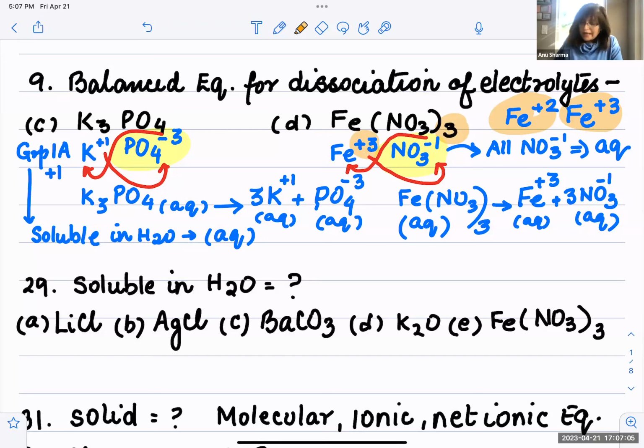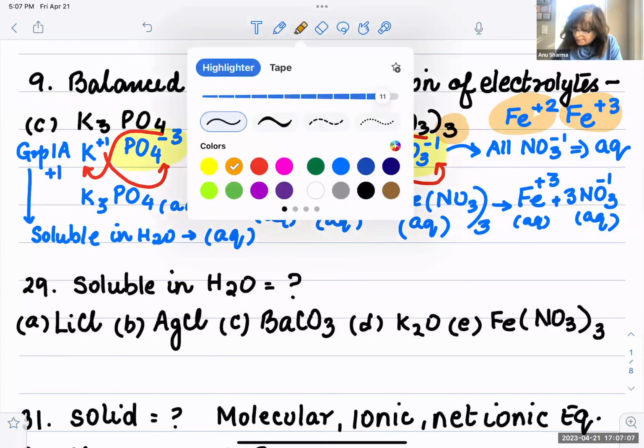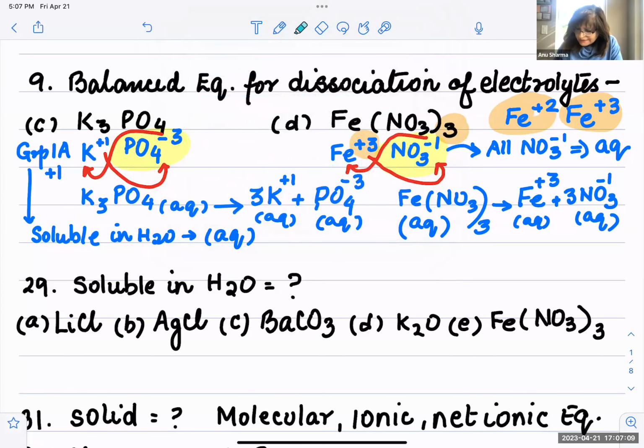Now potassium is in group 1A, and group 1A is all +1 charge. All group 1A are soluble in water, so they're always aqueous. All nitrates are soluble in water, so they're always going to be aqueous.